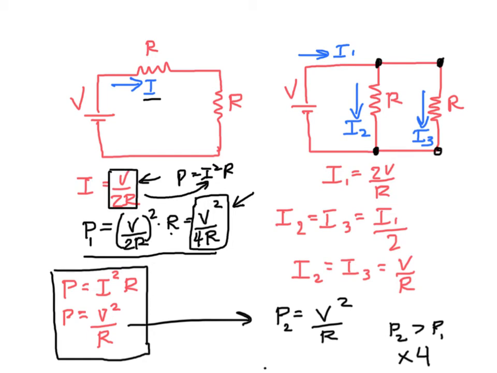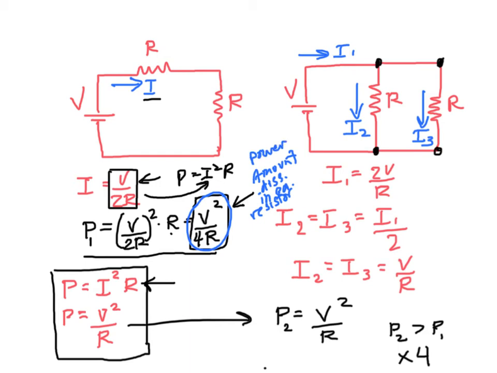When I use this form of the equation and multiply the current squared times the resistance R, I get V squared over 4R. That's the amount dissipated, that's the power, in each resistor. Think of it as a light bulb maybe, okay? So that's the power dissipated in each resistor.